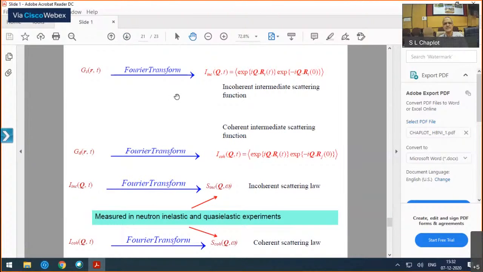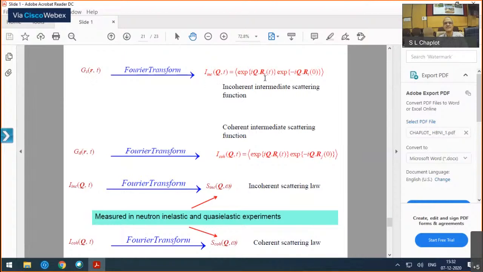If we look at now, we said that if we have the self correlation function and we take the Fourier transform of it, so Fourier transform means only the r is Fourier transformed to Q, from the real space to reciprocal space.